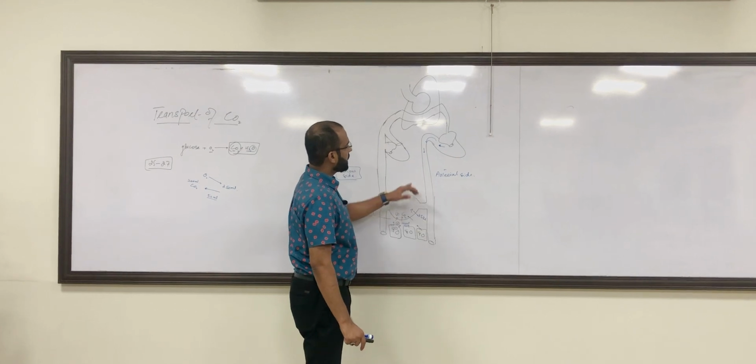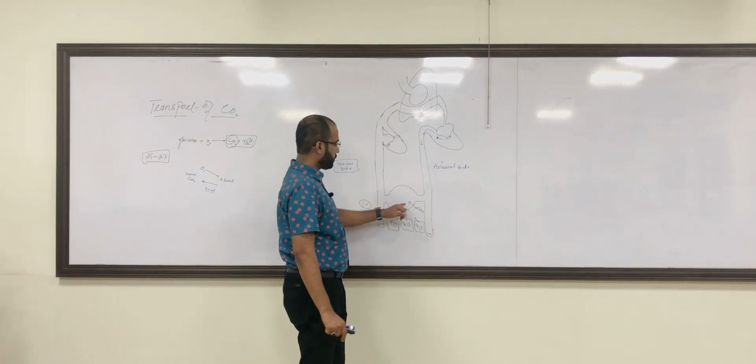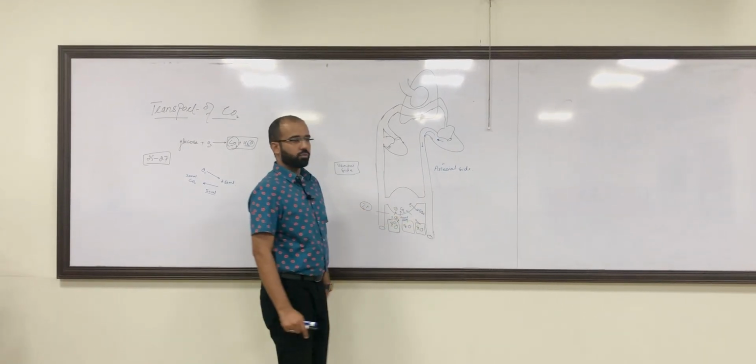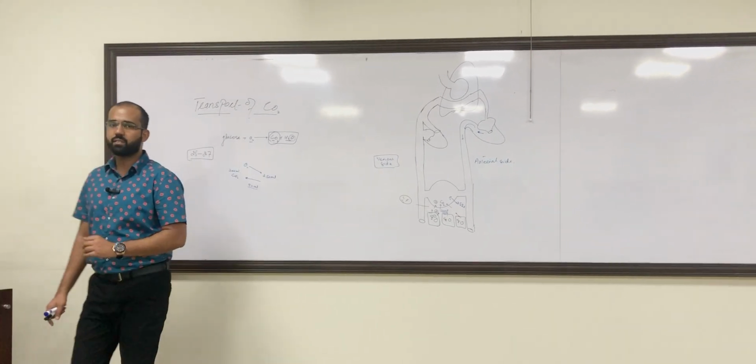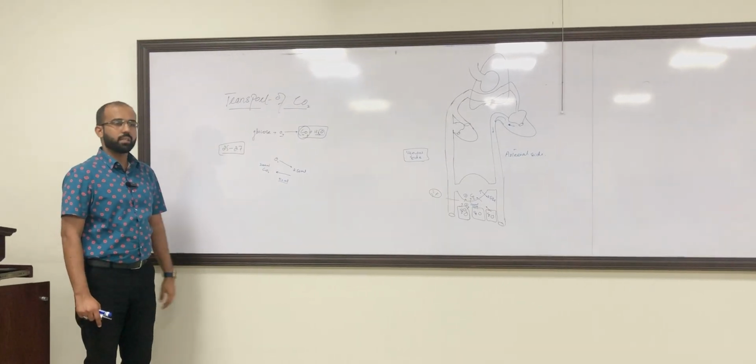Now you have to see the partial pressure of the carbon dioxide, because we have nothing to do with the oxygen right now, as our main discussion is about the transport of carbon dioxide.